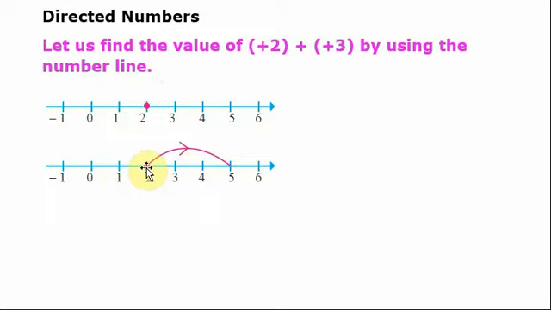So the plus means positive direction. We need to move from here 3 units. Here the value, the magnitude, is 3, so we need to move 3 positions, right? From 2: 1, 2, 3. Answer becomes 5.